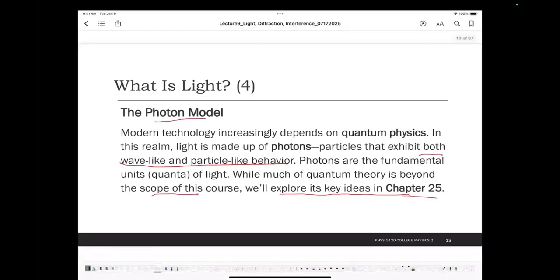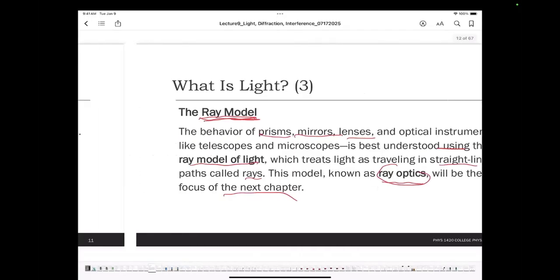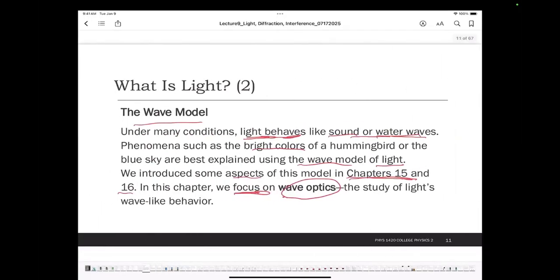Okay, this is the three models for light. You can see light is a special thing. Sometimes it acts like a straight line, so we can explain it with the ray model, and sometimes it acts like a wave, so we can explain it with the wave model.